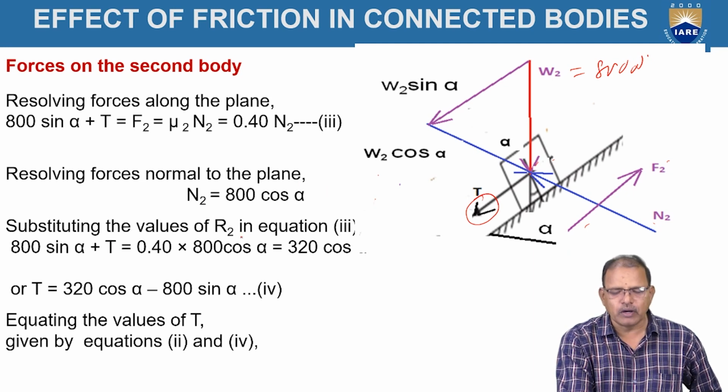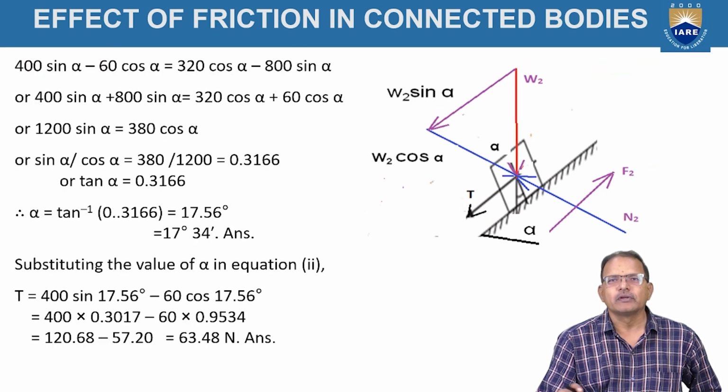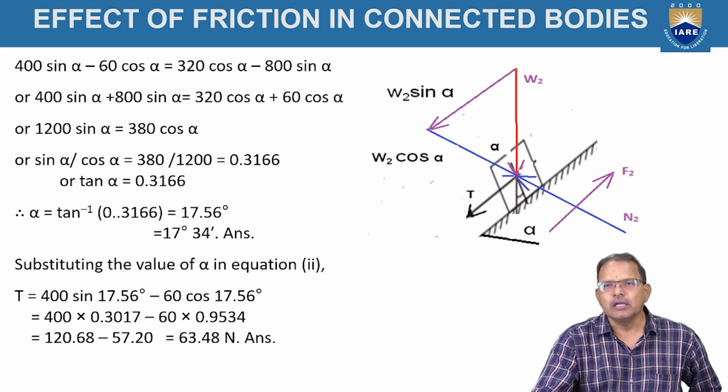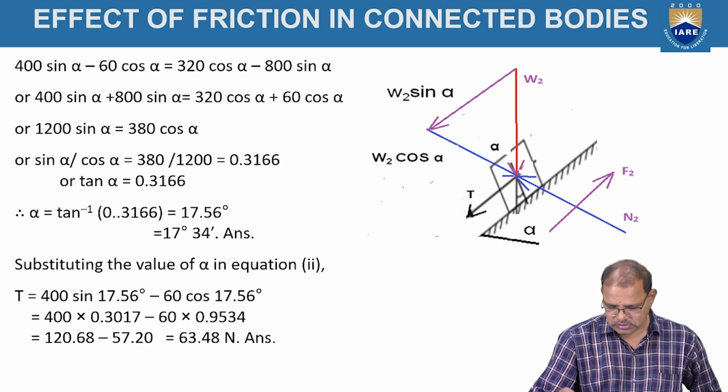Substituting the value of N2 in equation number 3, we get T is equal to 320 cos alpha minus 800 sin alpha. From equations 2 and 4, we get alpha is equal to 17 degrees 34 minutes. Similarly, T is equal to 63.48 newtons.